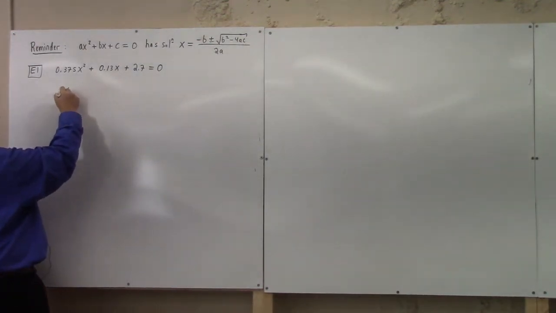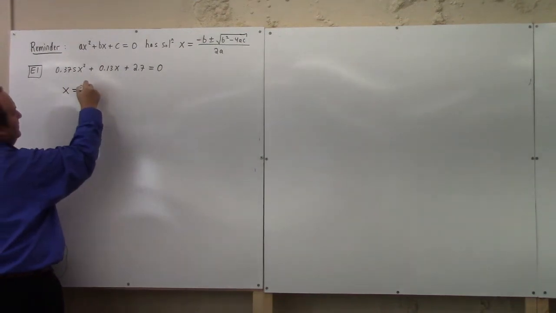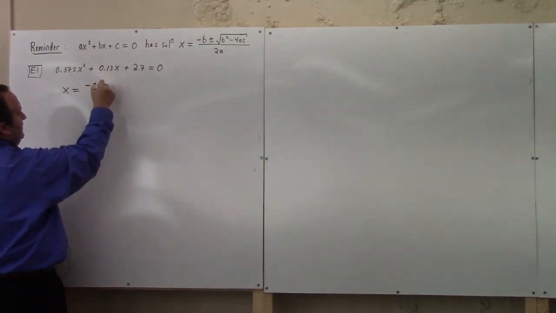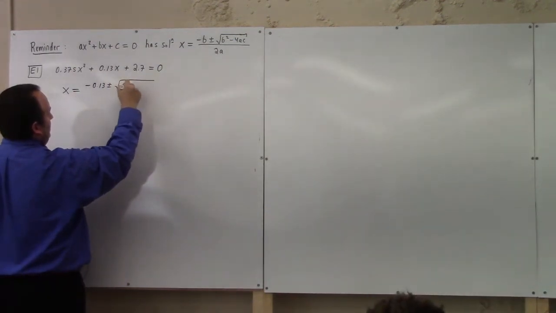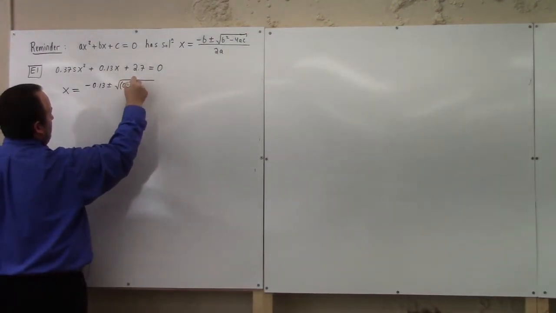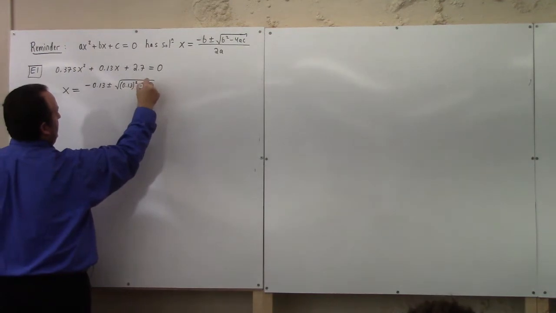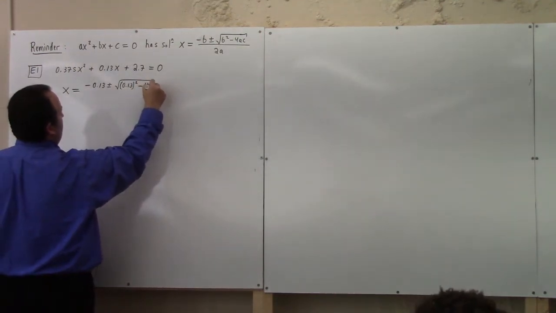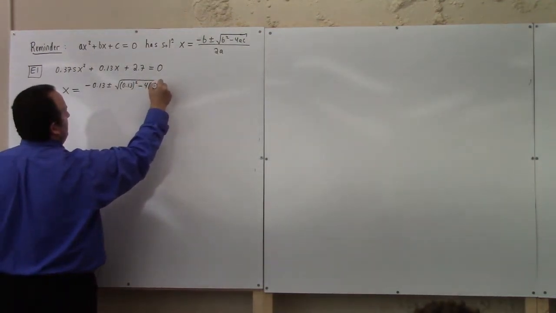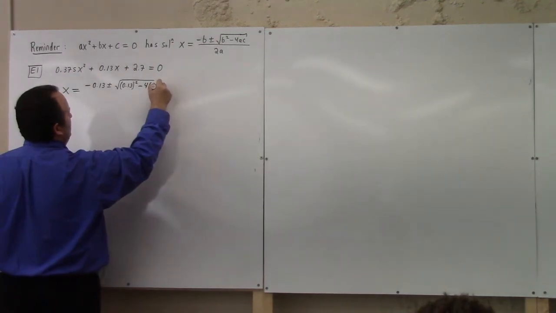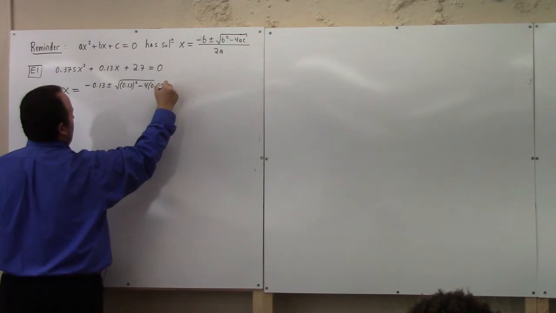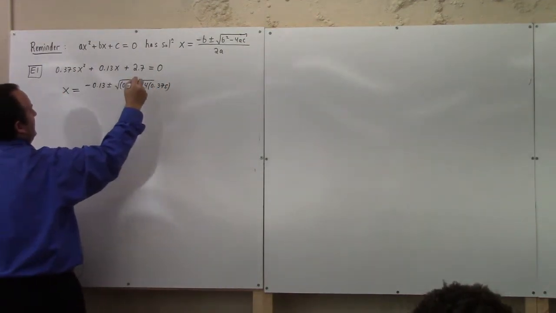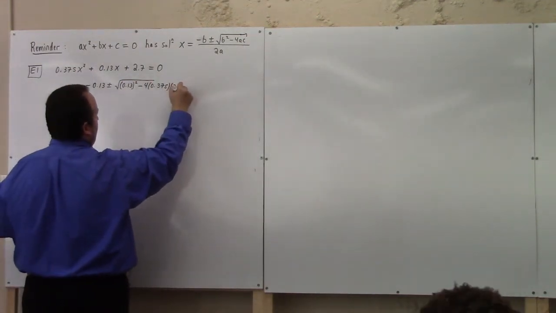So here it goes. We do minus 0.13 plus or minus the square root of 0.13 squared minus 4 times, well, excuse me, a is 0.375, times 2.7.